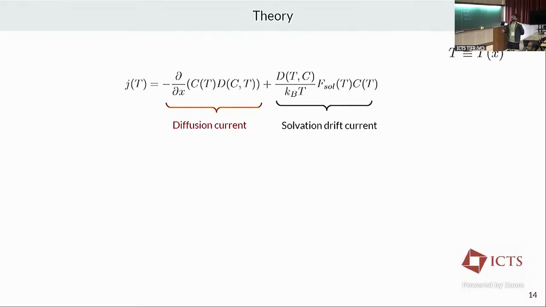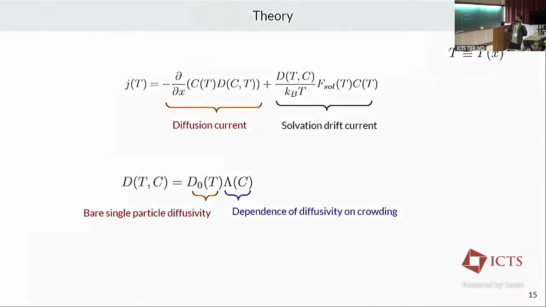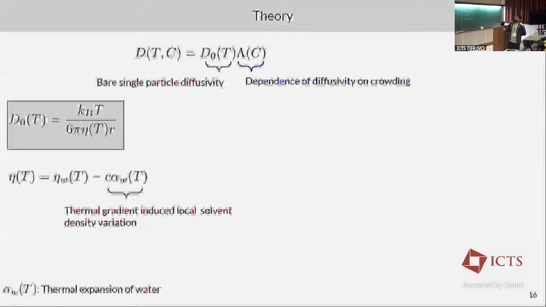You write the total current as the sum of the diffusion and solvation current. Now your total diffusion is composed of two parts: bare single particle diffusivity, and some collective effect, which is dependence of diffusivity on crowding. Now this bare particle diffusivity is given by the local Stokes-Einstein relation, thermal energy divided by damping, and here you have this viscosity of water.